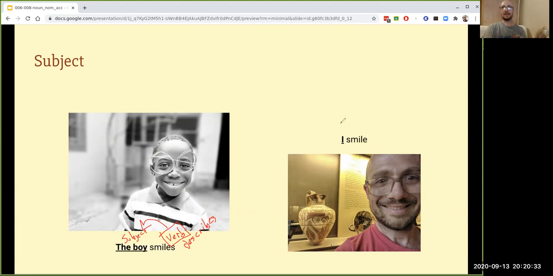And we'd say I, which is our subject here. I smile. And there's our verb. And you can see that this verb is kind of describing what the subject does. And in English, the verb changes a little bit depending on what the subject is. It has to describe different subjects a little differently.